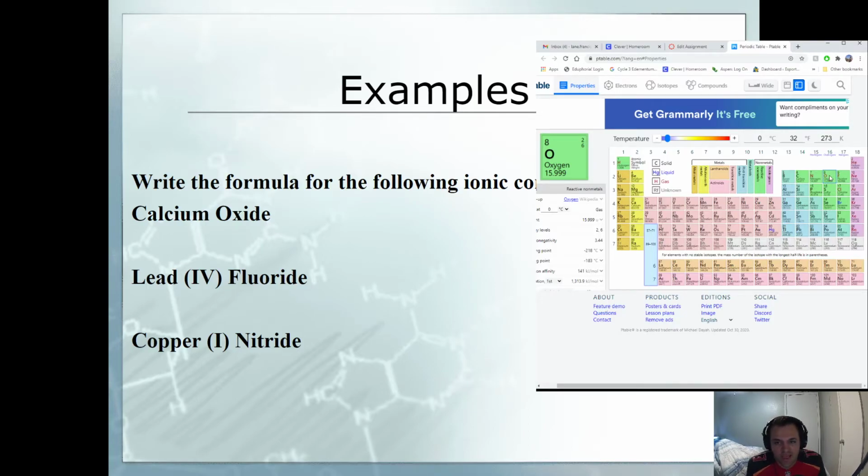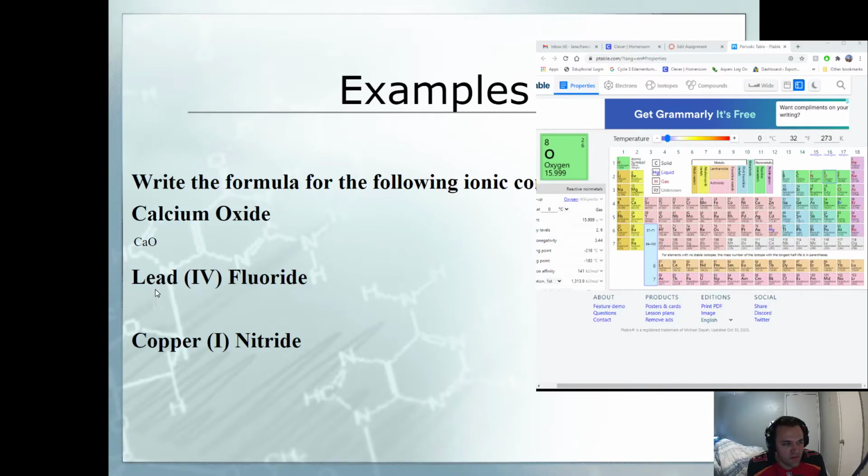So it wants to gain 2 electrons to get up to 8, and that would give it a charge of -2. So if we have calciums with +2 and oxygens with -2 each, we just need 1 of each and they'll cancel each other out perfectly. So here, our calcium oxide ends up looking like CaO as a formula with just 1 of each of these atoms.